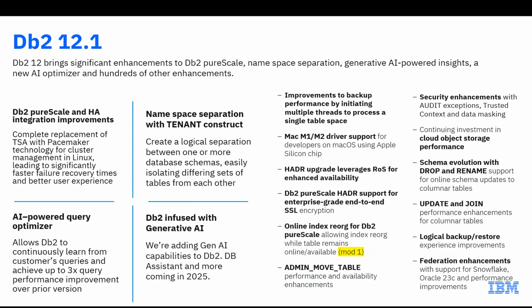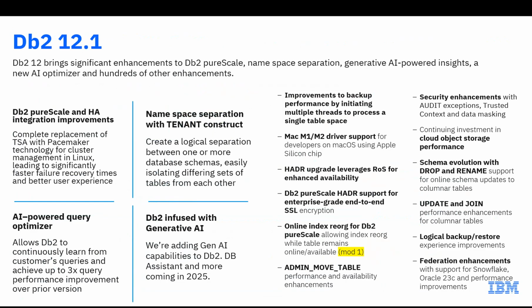All right, so now 12.1. This is really focused on what we've delivered from an engine perspective. Pacemaker is one of the big pushes on the Linux platform. So for pureScale and HA, Pacemaker will be our only integrated technology. On AIX, we remain with TSA because that remains the preferred cluster manager on AIX.